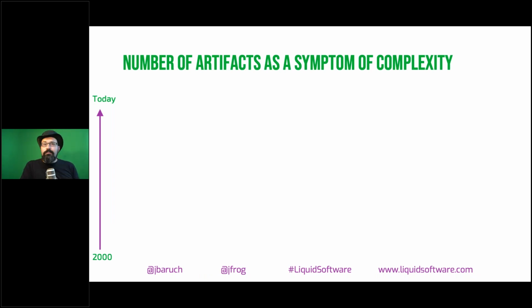We in JFrog do software for universal artifact management, and we are so deep in this artifact management domain that we measure everything in artifacts, including the complexity. And I can demonstrate how the complexity has risen from, let's say, 2000 to today by using the number of artifacts as a symptom.